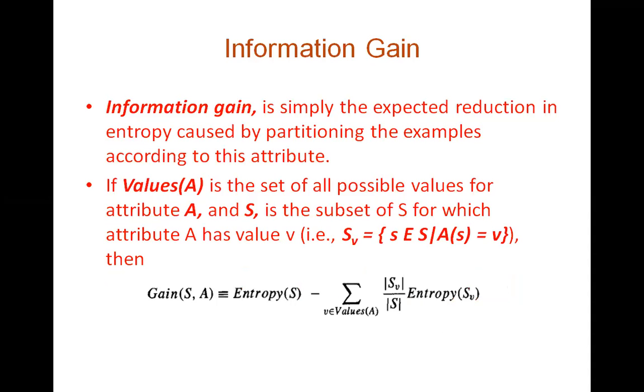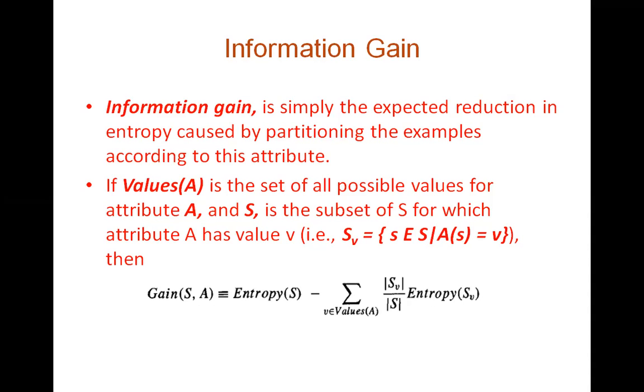Once you calculate the entropy of the entire table, then you need to calculate the information gain. Information gain is nothing but the expected reduction in entropy caused by partitioning the examples according to this attribute. We have to decide the root node. When constructing the tree, we have to calculate the root node.